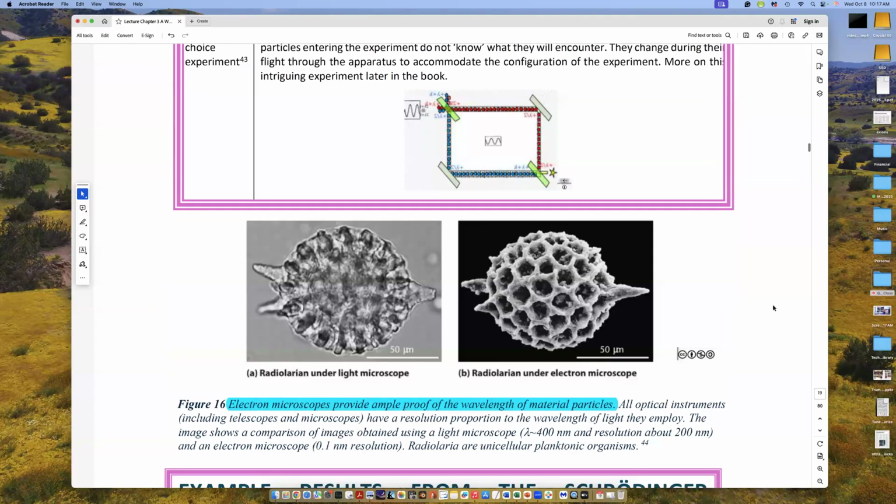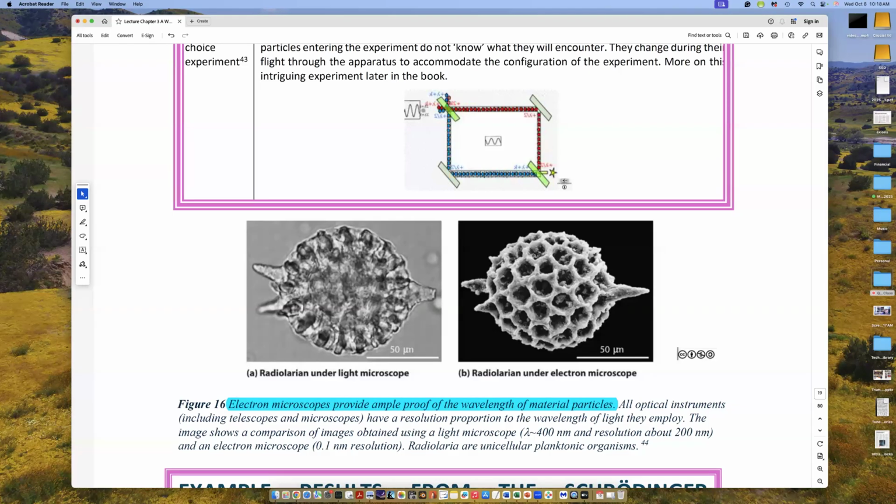So one of the direct consequences of de Broglie's argument that particles can behave like waves and vice versa is the eventual development of electron microscopes. So here's a microscopic vegetable. It's a plankton floating in the ocean. And this is about the best you can do with an optical microscope looking at this particular type of vegetation.